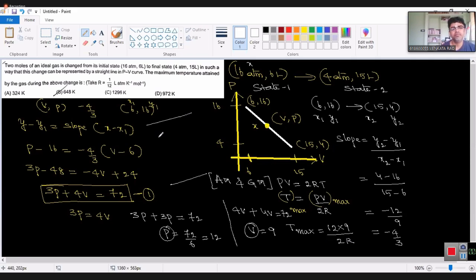T max is equal to 12 into 9 by 2 into R value, 1 by 12. Simplify, please. What will be your answer? 648, sir.